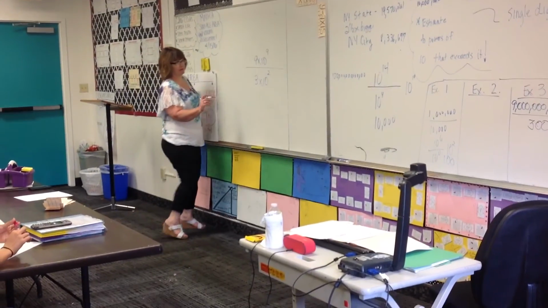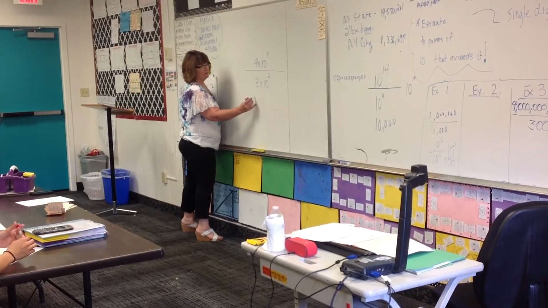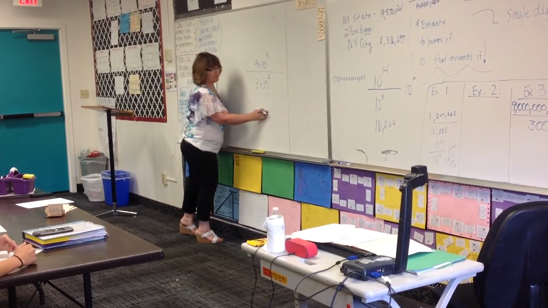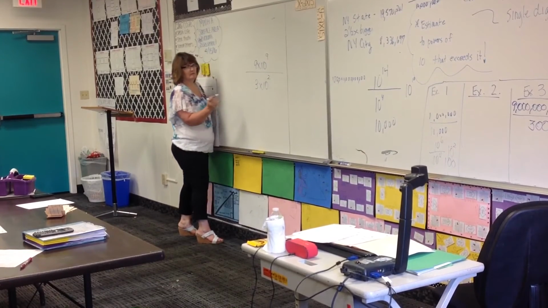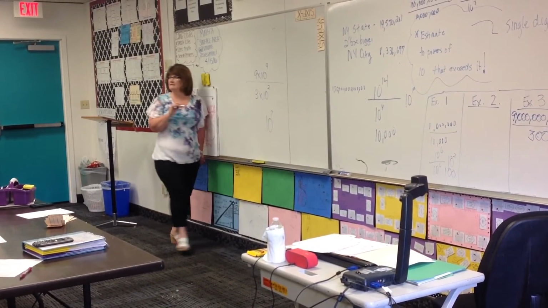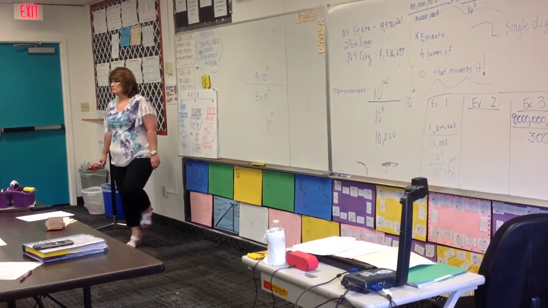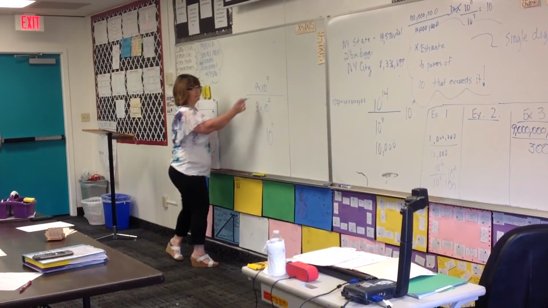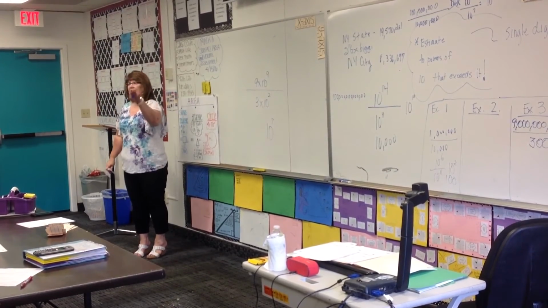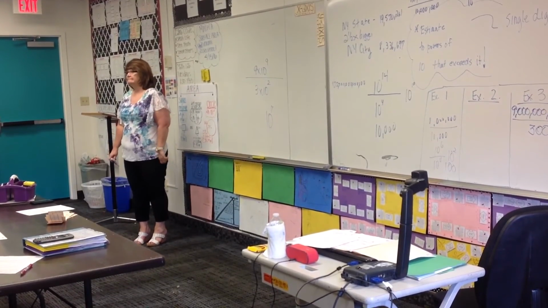Lindsay, what do you get? 3 times 10 to the 7th power. So she did her powers of 10, 10 to the 7th, she subtracted 9 minus 2. So this one, just think of them as regular numbers. 9 divided by 3.